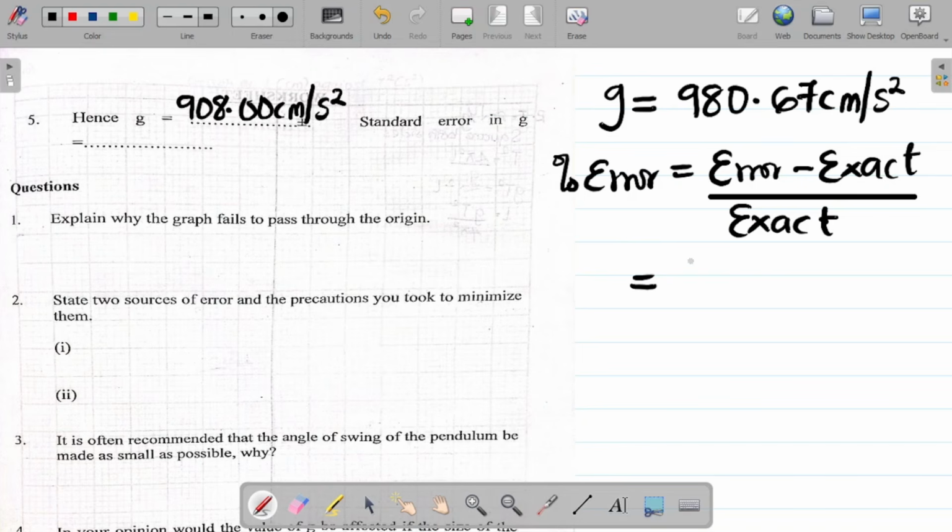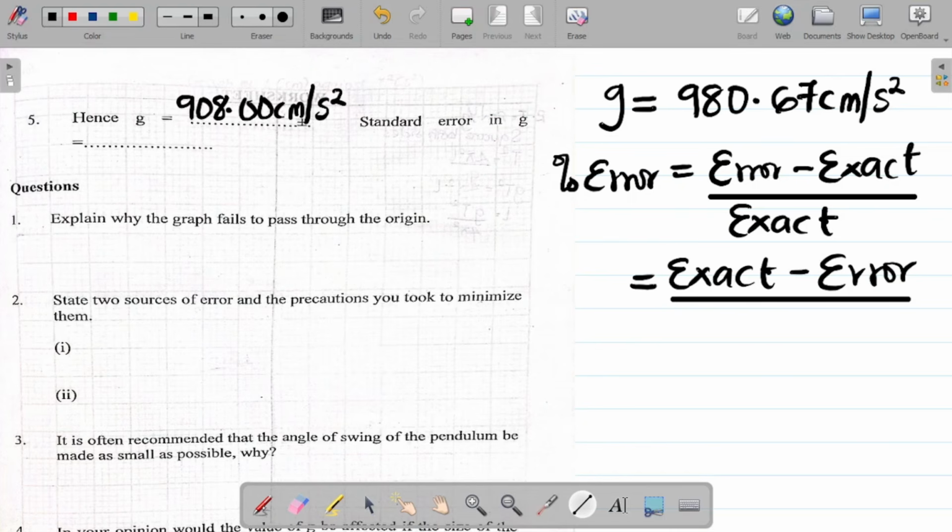So instead it becomes exact minus error, all divided by exact. So the denominator is always exact. Again, I am stressing that the reason why we are swapping this is because we don't want the value to be negative.